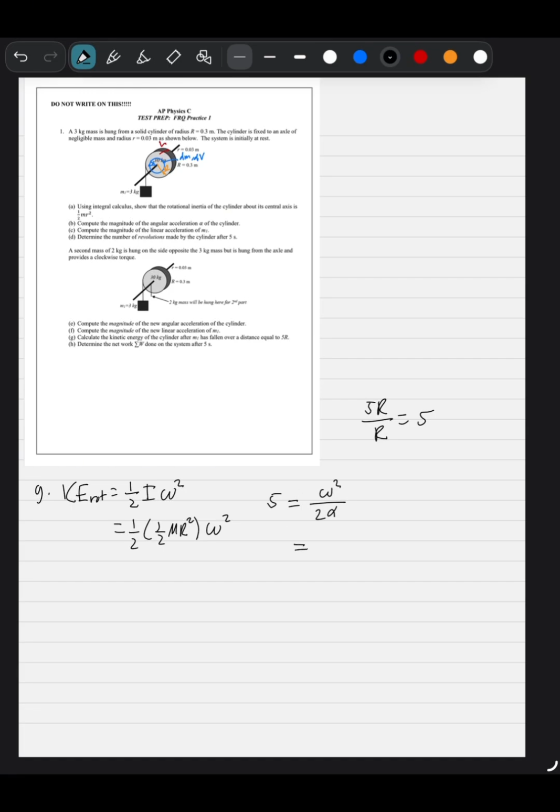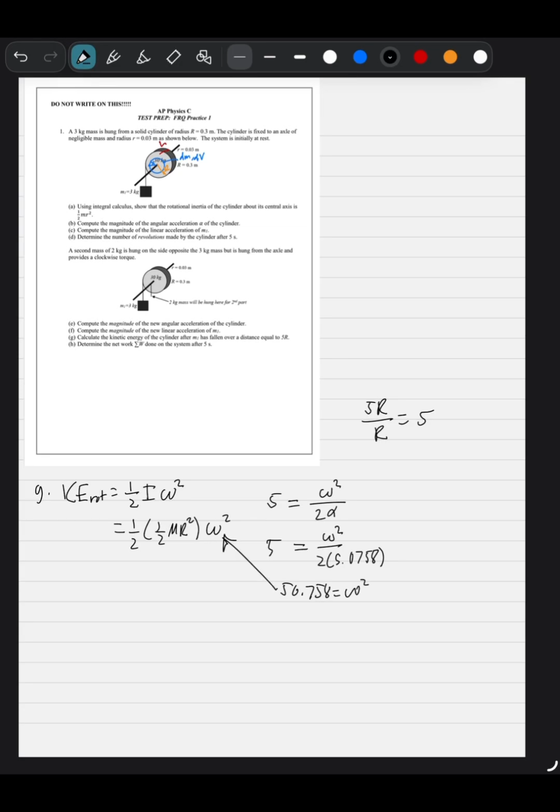Our angular acceleration was 5.0758. And I'll keep the square on the omega because omega is already squared in the K rotational. So that'll be 15.758.